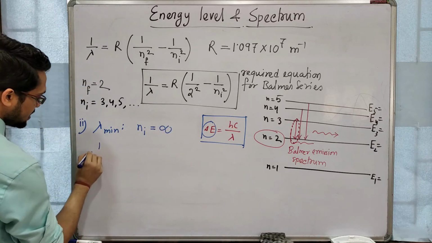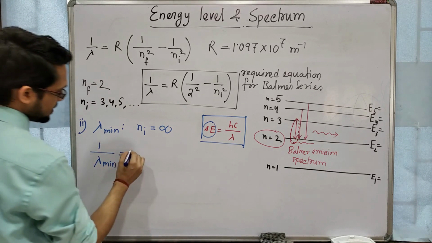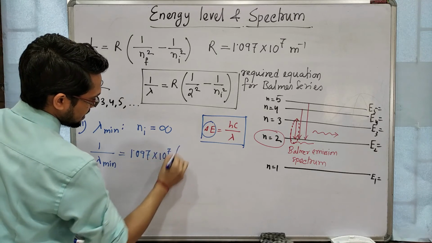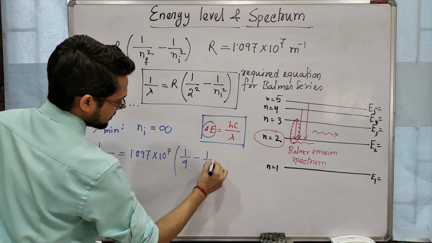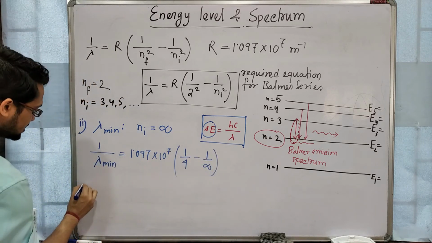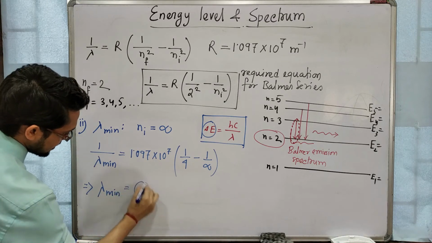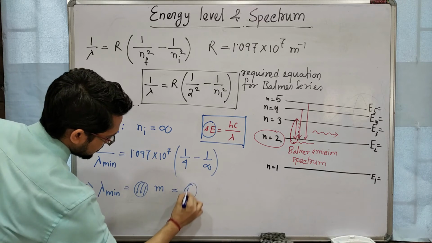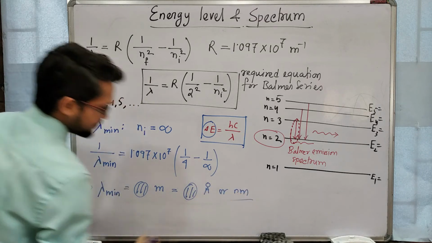So 1 by lambda min equals 1.097 into 10 to the power 7, into 1 by 2 square, that is 1 by 4, minus 1 by infinity. From this you will get lambda min in meter, then convert it into angstrom or nanometer.